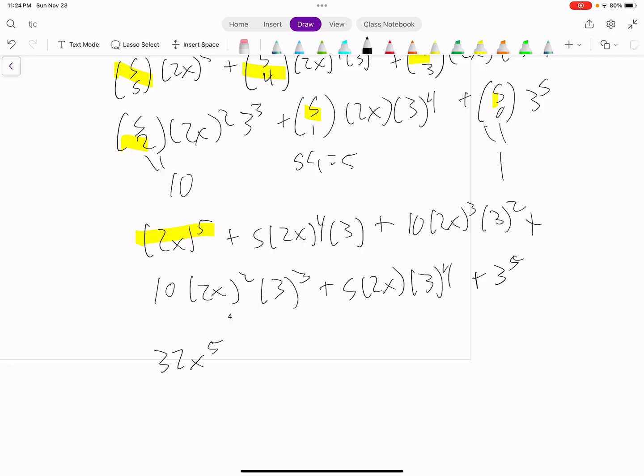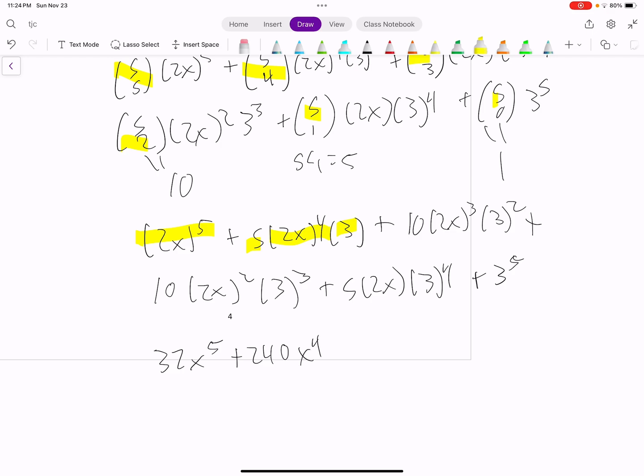Next one, that's 16x to the fourth times 15. So we get a calculator, 15 times 16, that's 240. So that's going to be plus 240x to the fourth.